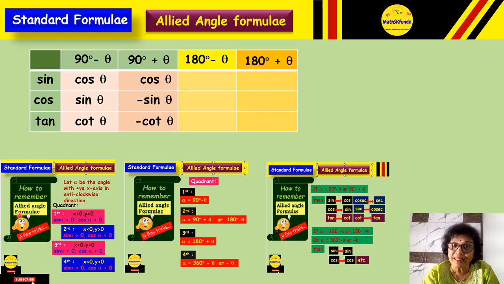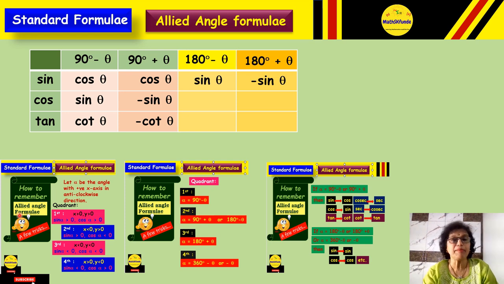Now, when you move further, actually main thing starts from here, because proofs of these I have not given, and you have to fill these columns now on your own. I fill these columns as sine of 180 minus theta is same as sine theta, and sine 180 plus theta as minus sine theta. Now, once you understand this, perhaps remaining two you will be able to fill on your own also. Now, sine of 180 plus theta, in 180 plus theta, you go to third quadrant, and there answer for sine will become negative.